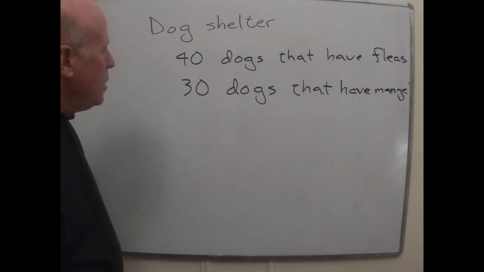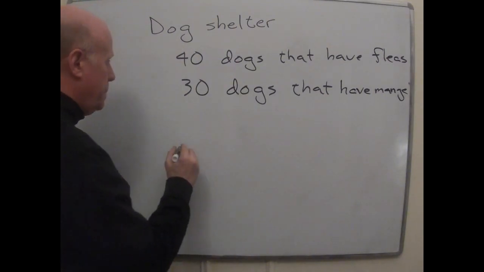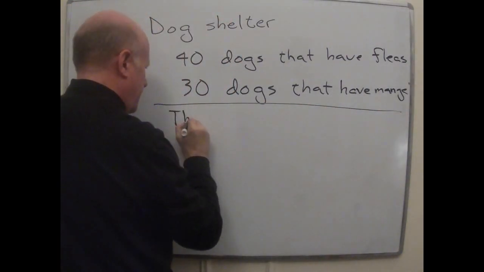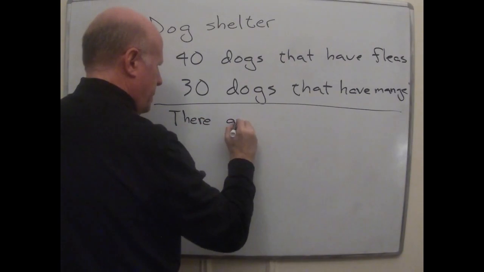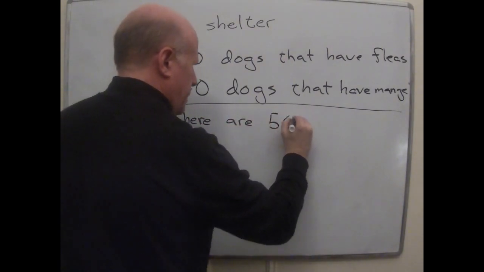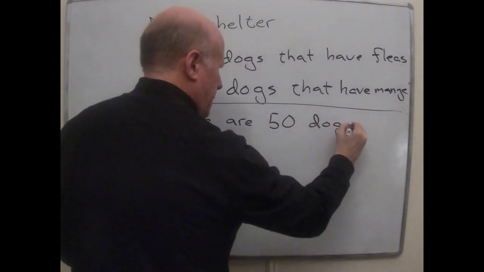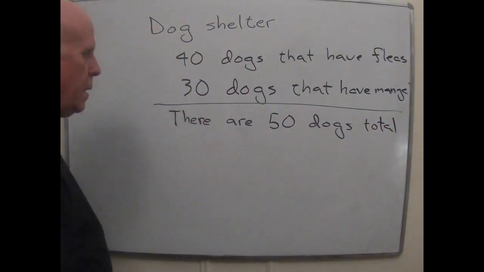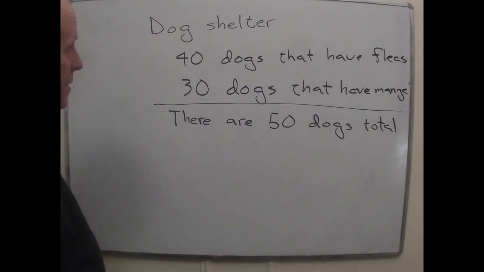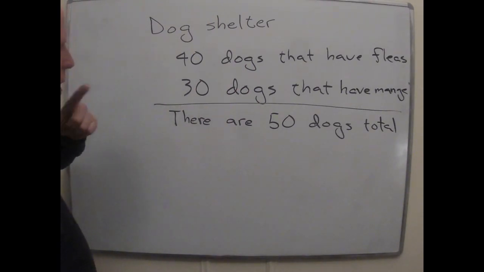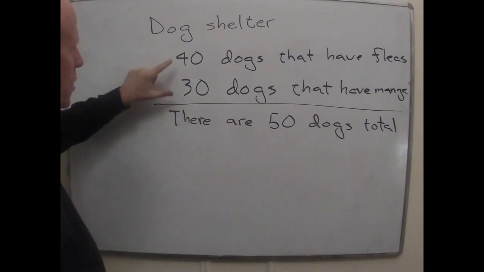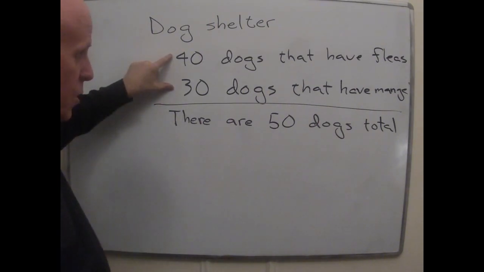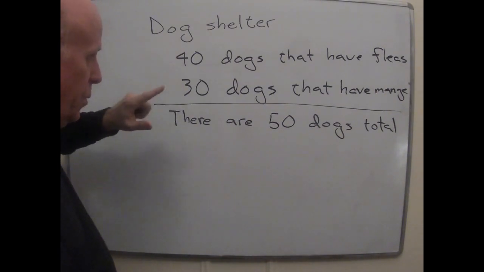And suppose there are 50 dogs. Wait a minute. There could well be dogs that don't have anything wrong with them, so I don't really want to say that there are 50 dogs total. Excuse me.